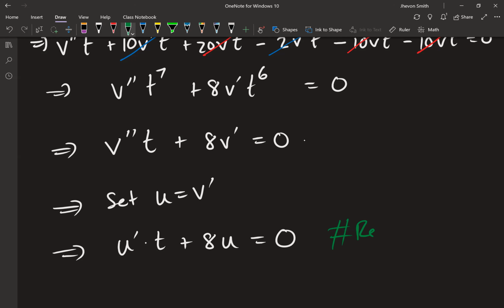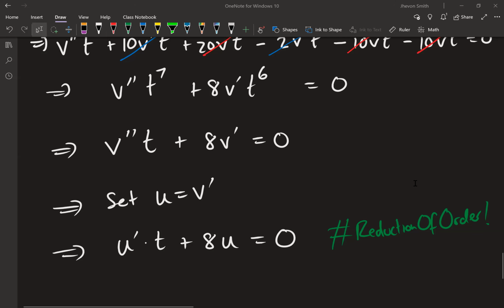Hashtag reduction of order. We went to a first order differential equation. So I can now start solving the second order differential equation by considering this first order differential equation.